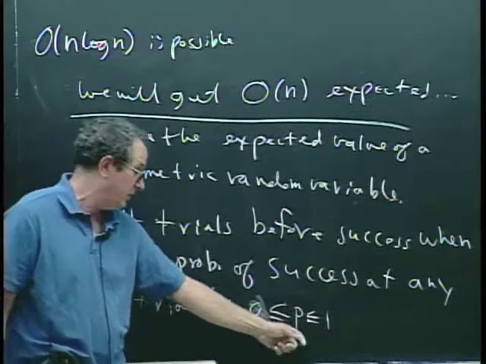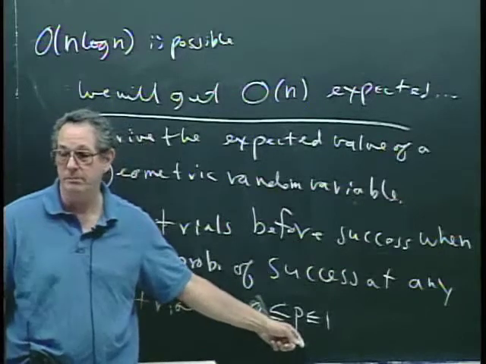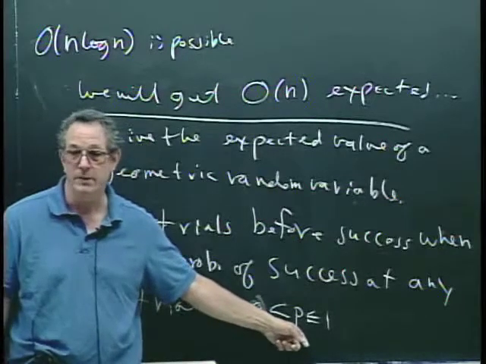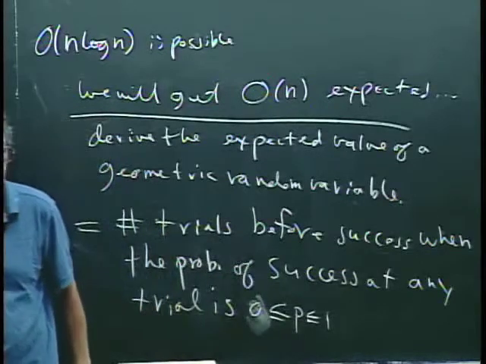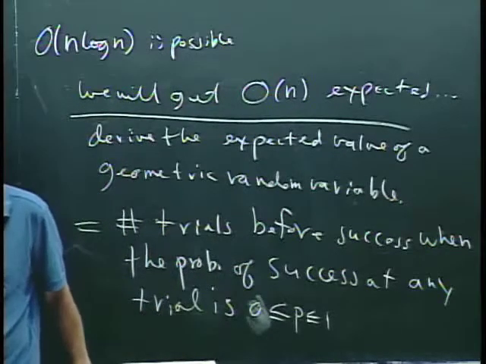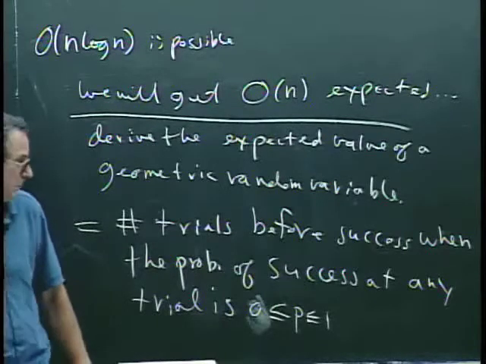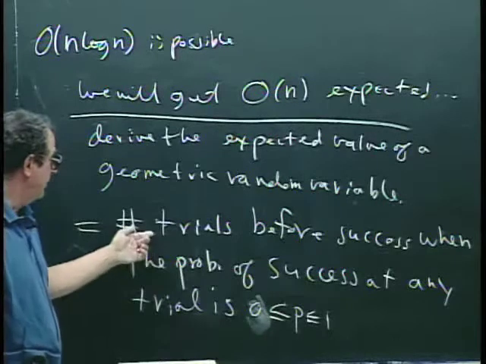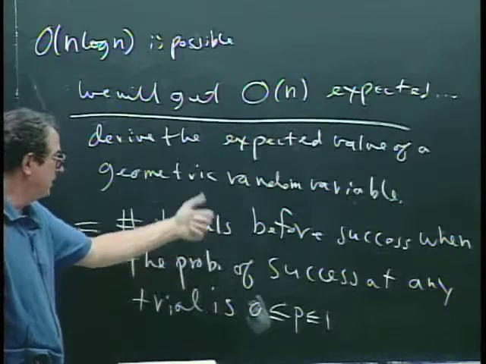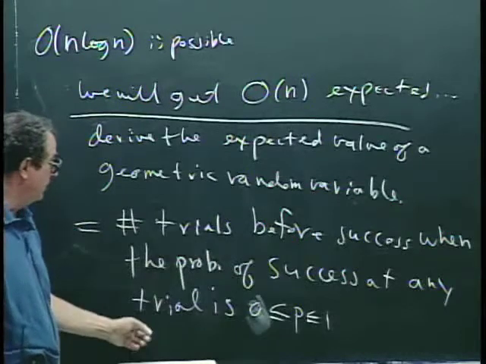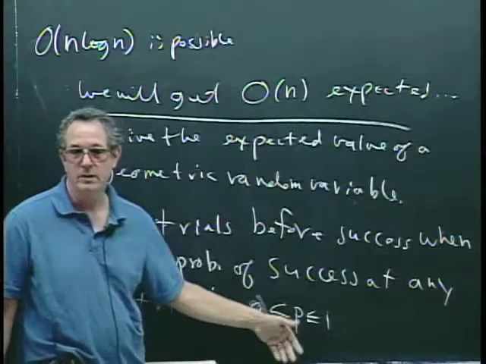But in general, it can be a parameter p. So I could be flipping a biased coin where the probability of heads is 3/4 and the probability of tails is 1/4. That's possible also. Then we would ask, what's the number of trials before success when the probability of heads is 3/4, and so on.